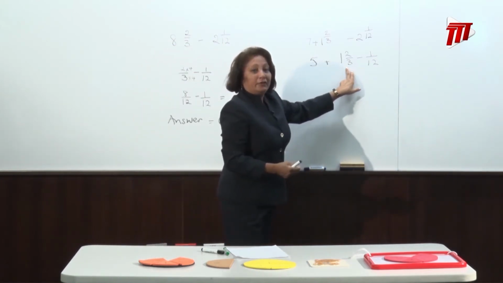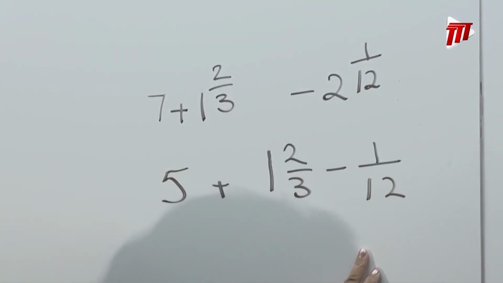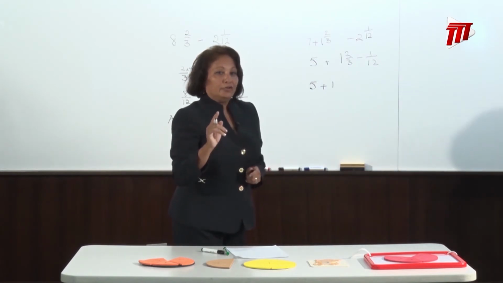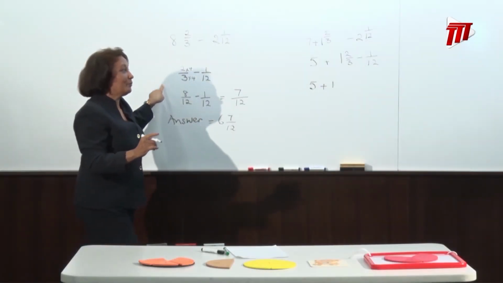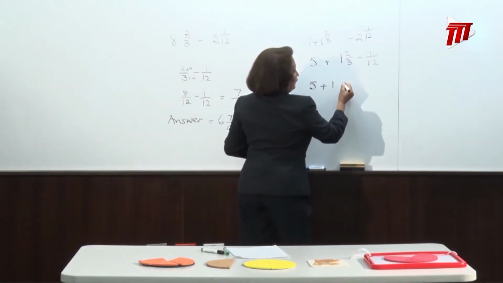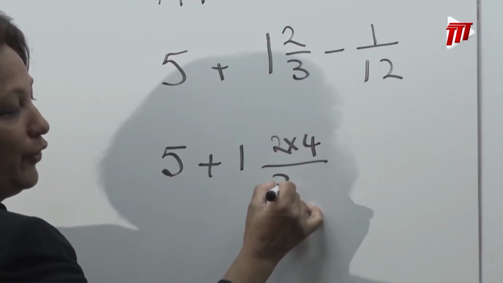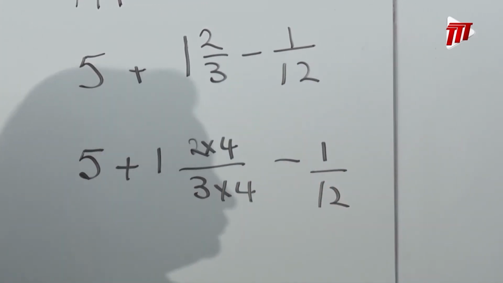If I convert this into 12s, because the denominators are different, I want the denominators to be the same. So I would have 5 plus 1. What do I multiply by to get my thirds into 12s? Remember, we did it here. We just did it. So we're going to multiply by 4. So I will have 2 multiplied by 4, 3 multiplied by 4, minus your 1/12.